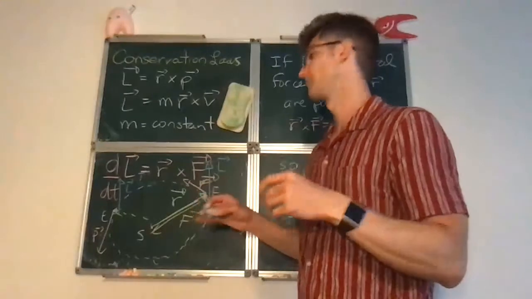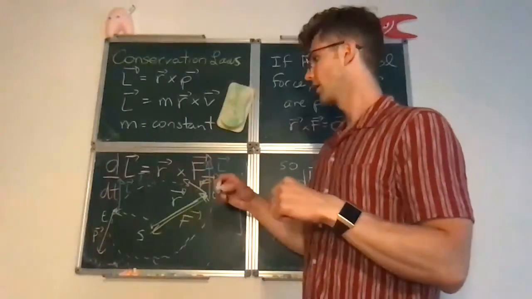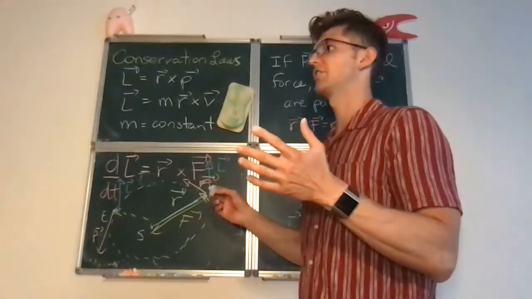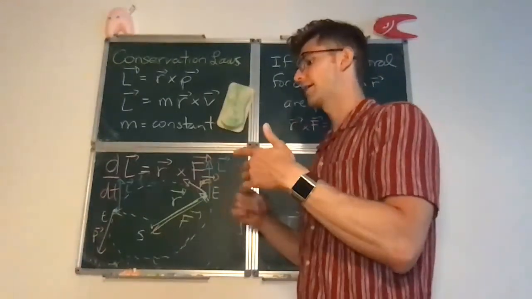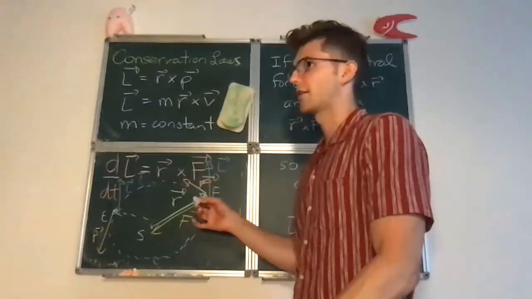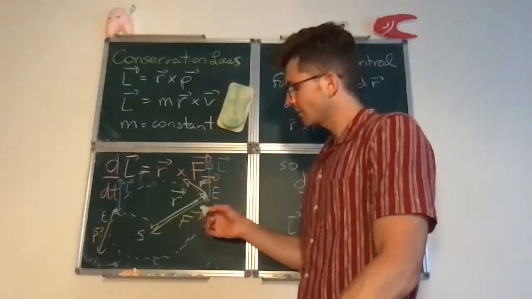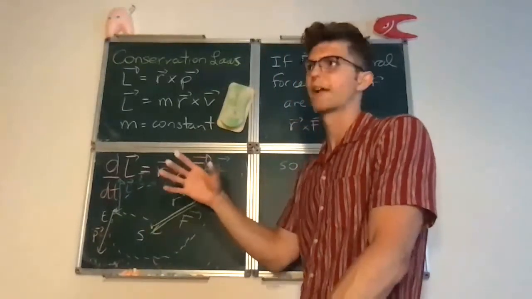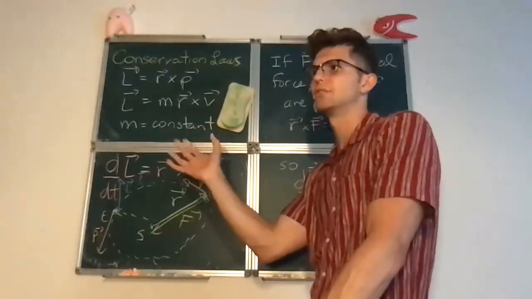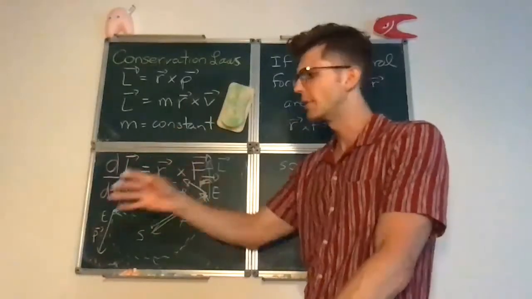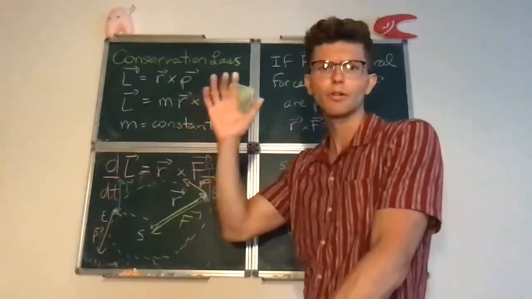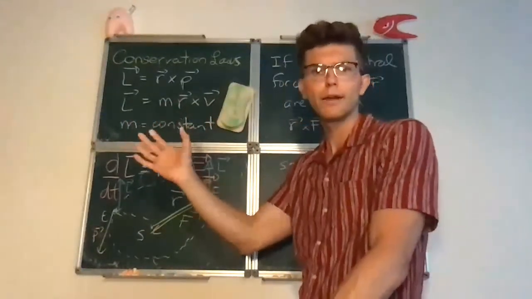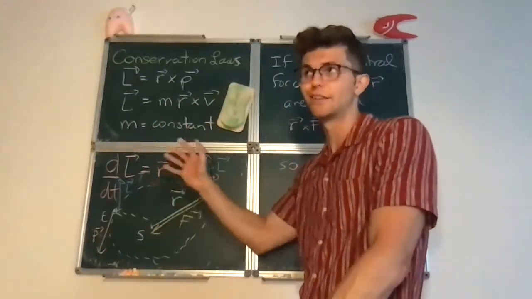So you cannot decrease r without changing the p somehow, or their angle. And so that's somehow related to one of Kepler's laws, that in equal times you sweep out the same areas, because the cross product is related to the area of a parallelogram. So there's some area conservation law here hidden as well.